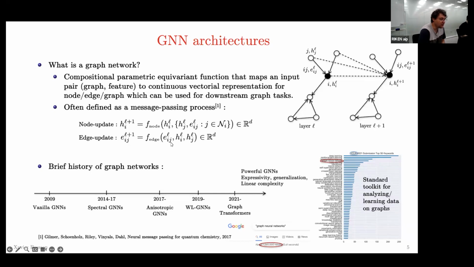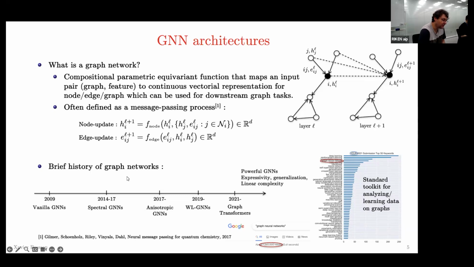For the edge, basically you're going to use the current edge feature and also the node features of the starting node and the ending node. Here you have all possible GNNs that exist in the literature. You see it's very simple, and one paper is basically a decision of what this node function and this edge function are.